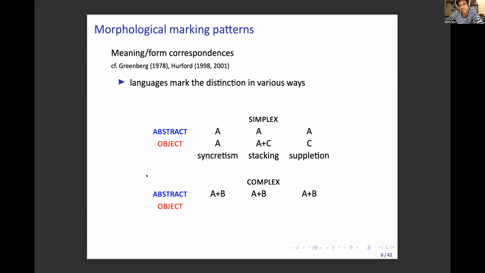And we were mainly looking at simplex numerals, that is when the abstract numeral is a simplex thing, and then you can get the object counting numeral looking the same as the abstract counting one, and so there is a syncretism between the abstract and the object counting uses. And you can also get a morphological relation of stacking where the object counting numeral is more complex than the abstract counting numeral, and you can get also suppletion where the object counting numeral is morphologically unrelated to the abstract counting numeral.